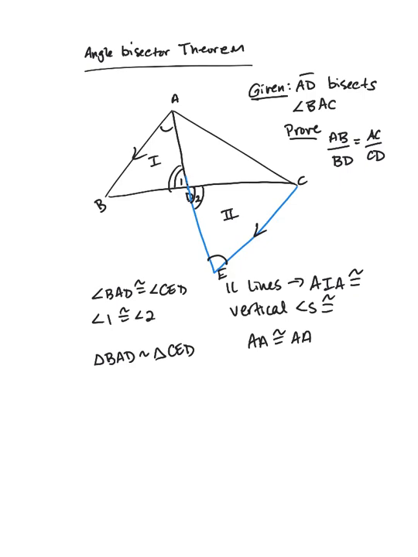Now, since that's true, we can say that AB corresponds to EC in the same way that DB corresponds to DC. Those are corresponding sides of similar triangles, which are in proportion. Corresponding sides of similar triangles are in proportion.